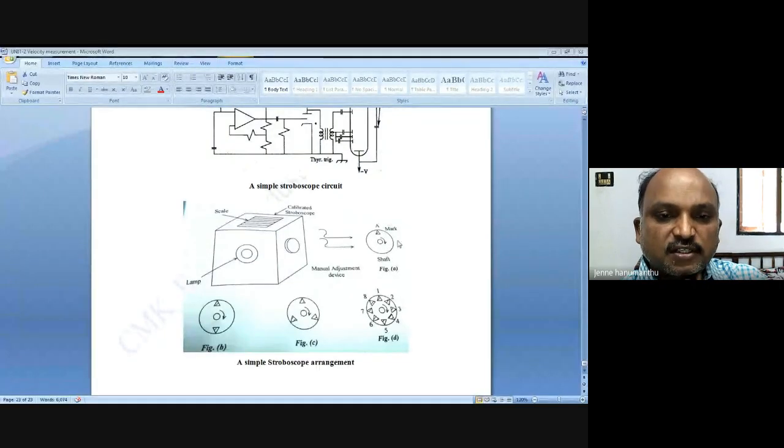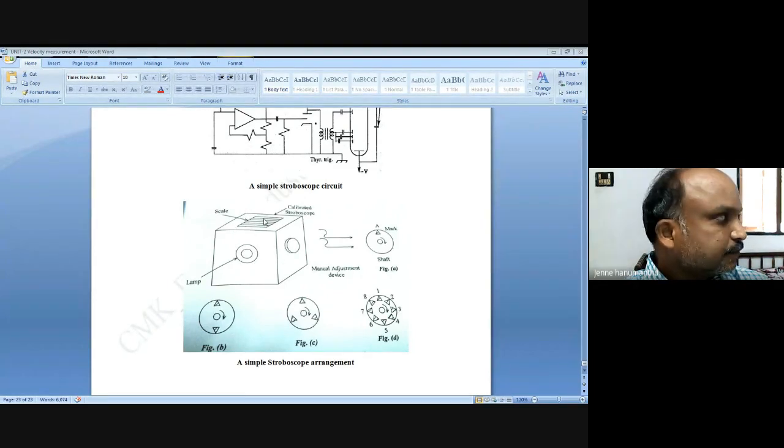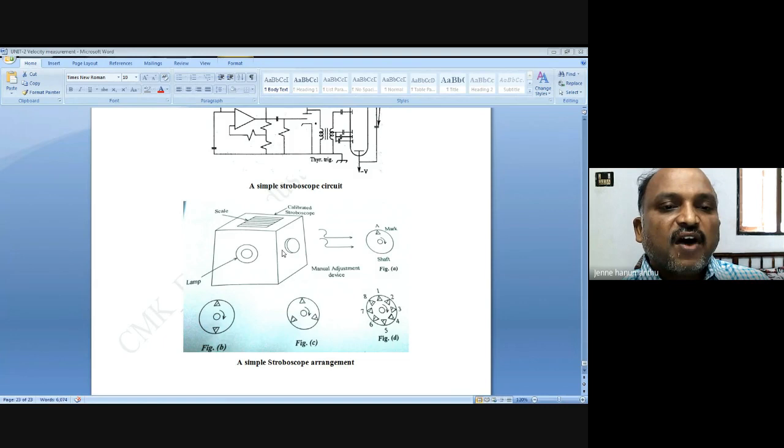So on this we have to provide some marking. It is rotating continuously, no doubt. Then meanwhile, take the stroboscope instrument and direct the flashes on the moving body. When the light falls on the moving body, it is continuously rotating.